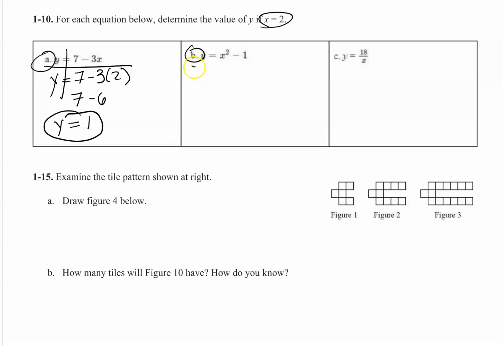B. Y equals, we have the input, or x squared, and then subtract 1 from that. So it's going to be 2 squared, which is 4, and then subtract 1 from that, that's 3. Alright, you can try C.